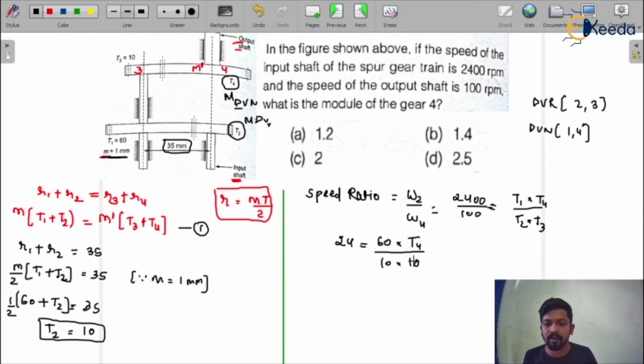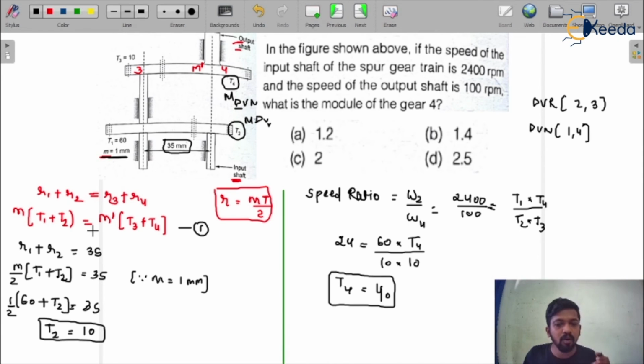So here you can calculate by multiplying and you will get the T4 value. The number of teeth on gear 4 comes out to be 40. You can calculate using a calculator. So finally we have all the gear teeth, T1, T2, T3 and T4.